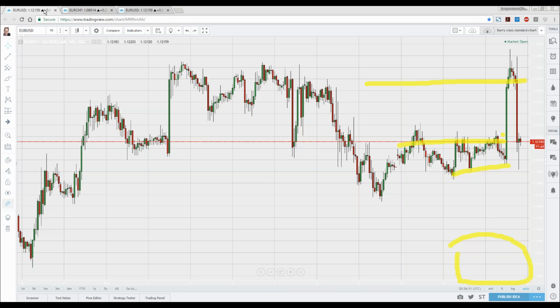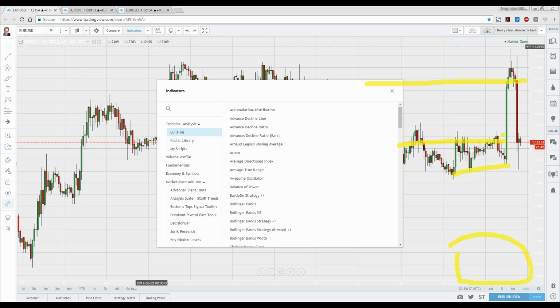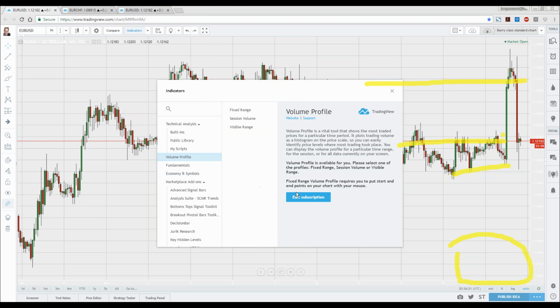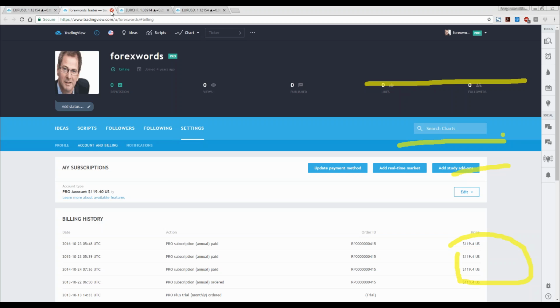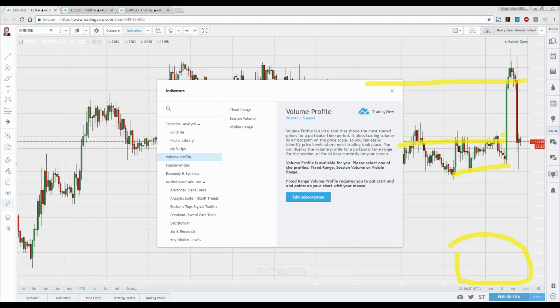let's go back to my first chart. Volume can be dropped on the chart, and the bottom indicators and information are just dropped on. I hate when it does this. I'm in my account and it tells me I need it.